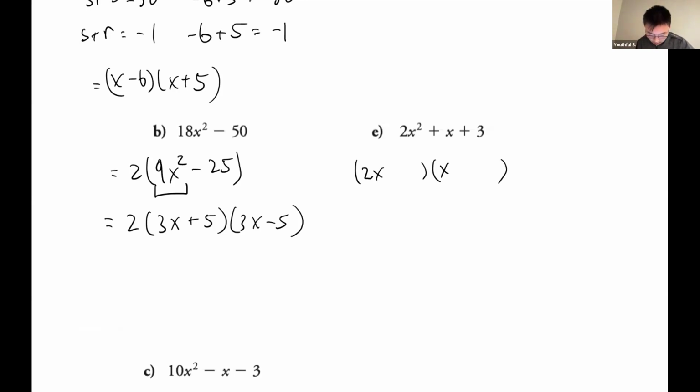Then you know you're going to have constants. We'll just say r and s again. The idea is kind of the same thing. R times s should equal 3. But then r plus s is going to be slightly different. I'm pretty sure you can try finding r plus s.